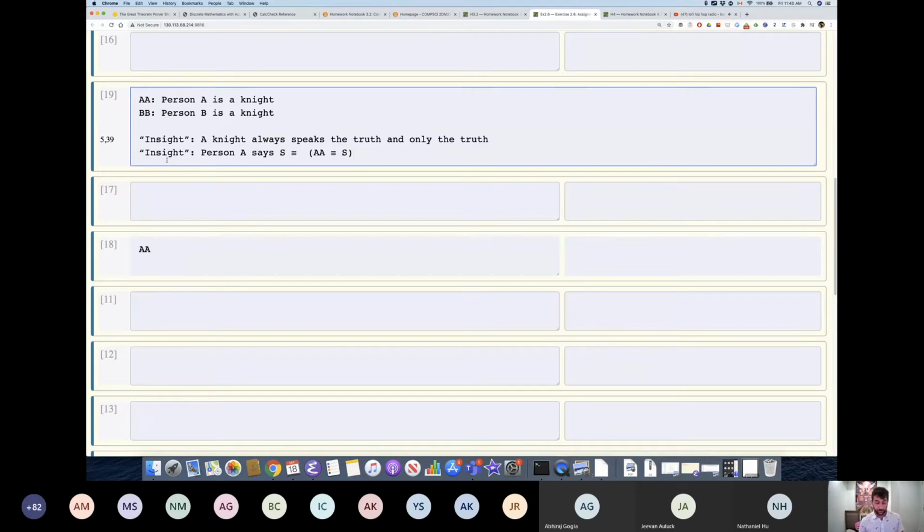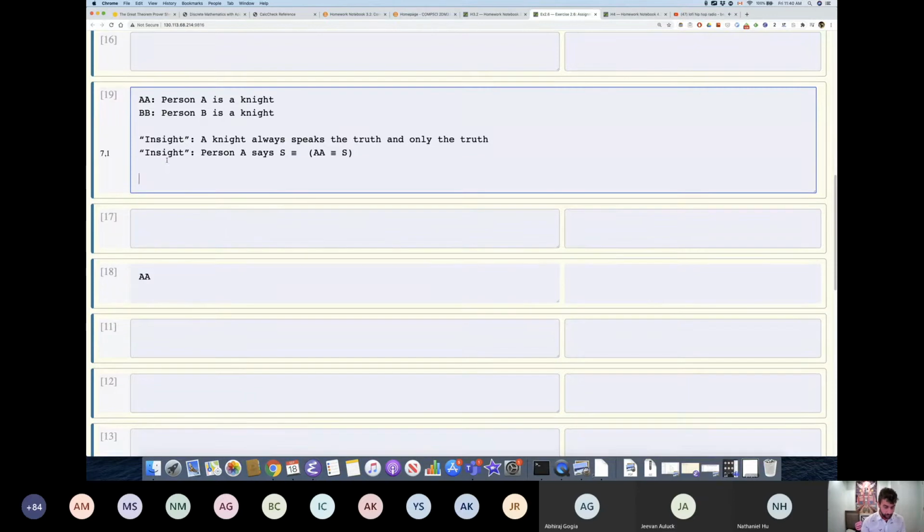Because if the statement is true, then that person must be speaking the truth, and therefore they must be a knight. And if they're a knight, they must be speaking the truth, and so S must be true. If a person says S and S is false, then that person must be lying. That's because they're a knave, and so A is false. Okay, so this is the insight.